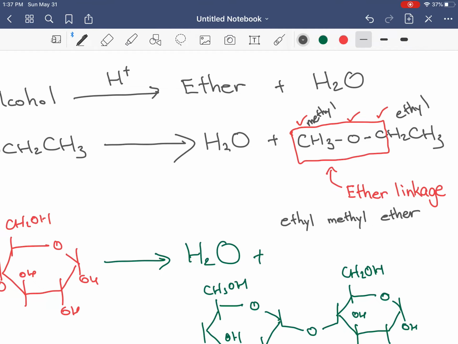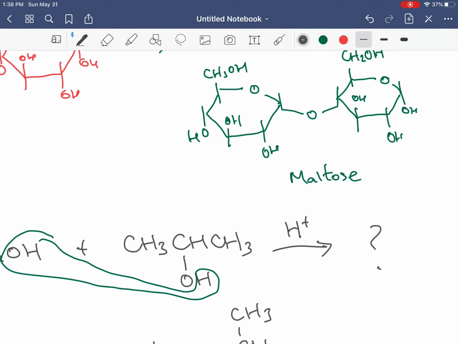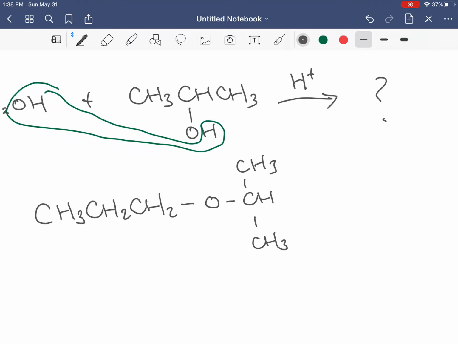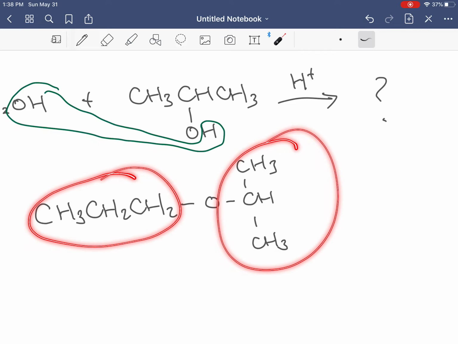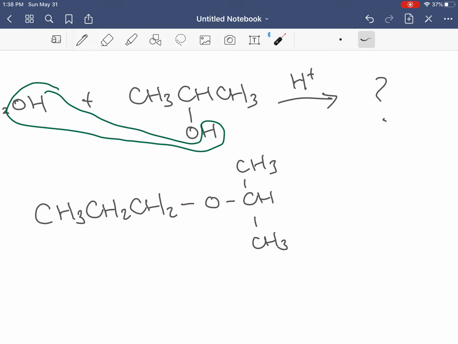Ethyl methyl ether. How about this one? We have a propyl. We have an isopropyl. So, propyl isopropyl ether.